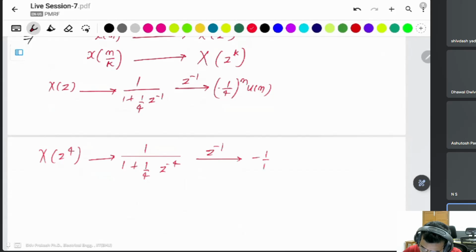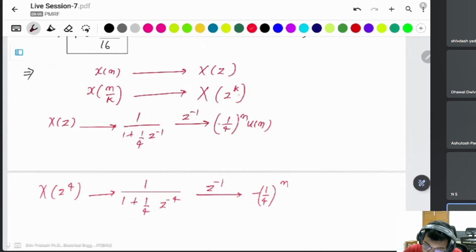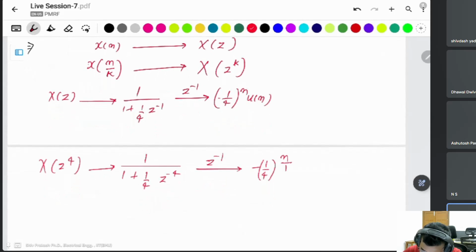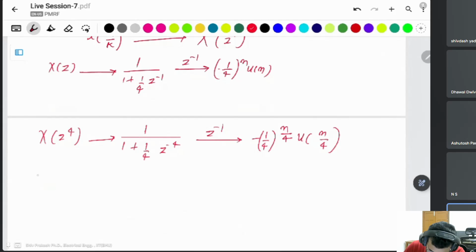Minus 1 by 4 to power of n, there is a division. If the power is k, then the time domain is a division of this one, so n divided by 4 because the power 4 is there, u(n divided by 4). Okay, then what is h(n)? 25 divided by 16 into minus 1 by 4 to power of n by 4 into u(n by 4).